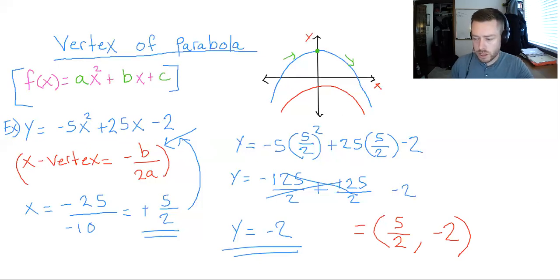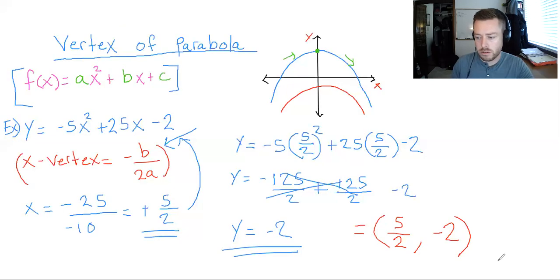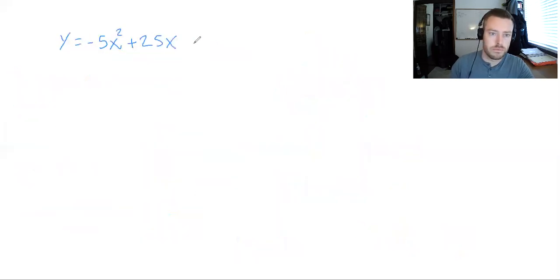So let's go into the calculus way. Remember, y is equal to negative 5x squared plus 25x minus 2. If you're a calculus person, kind of like me, when I said something about the slope being equal to 0, that should have rung your ears.